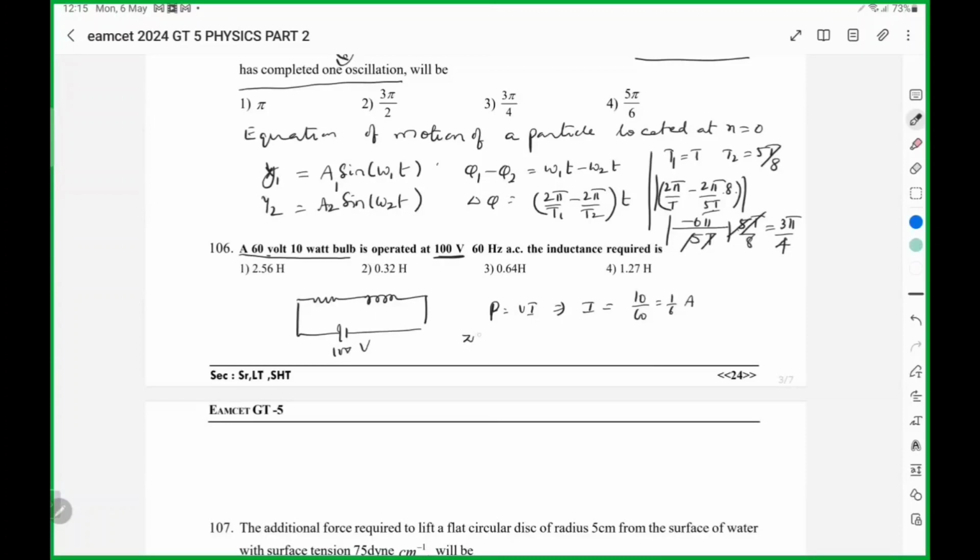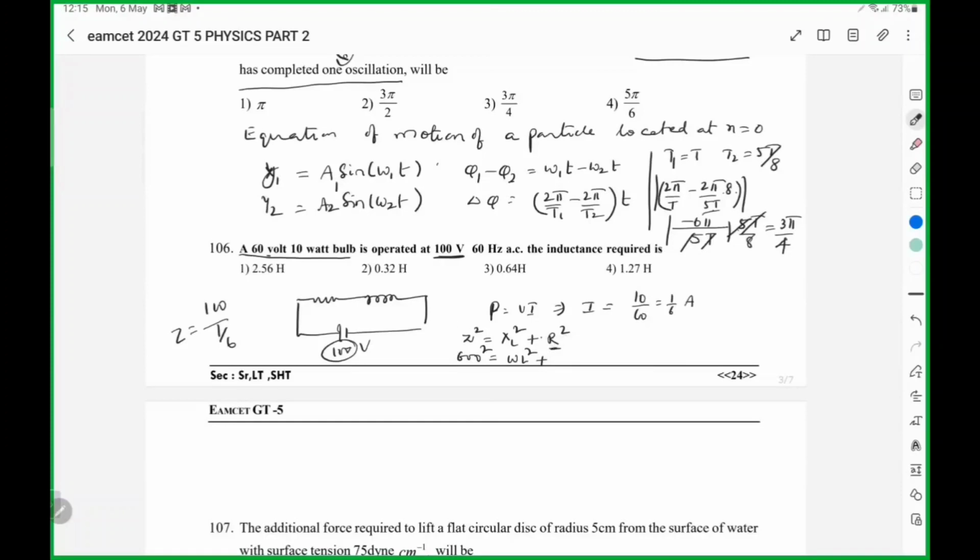So here impedance: Z square is XL square plus R square. Z here is total 100 by 1 by 6, that is 600. XL is omega L, square, plus R square.